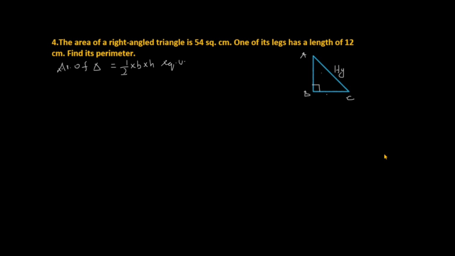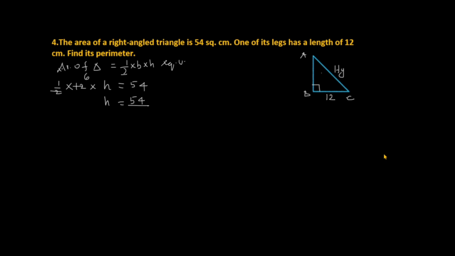Here given length of one leg is 12 centimeter. Then here given area is 54. So we can consider our base is 12 and we can find the height. So half into base 12 into height is equal to 54. So when we are cancelling 6 times, 6h is equal to 54.